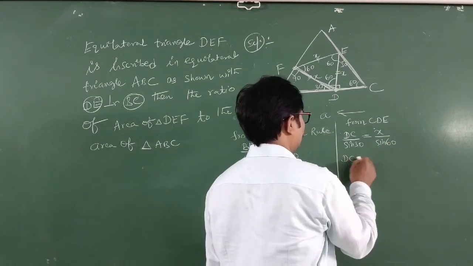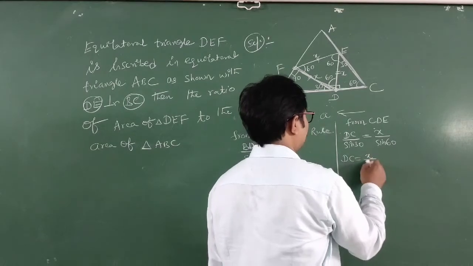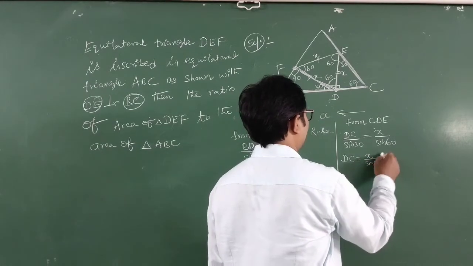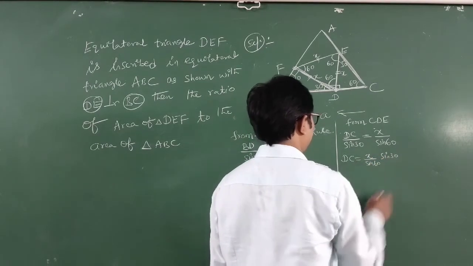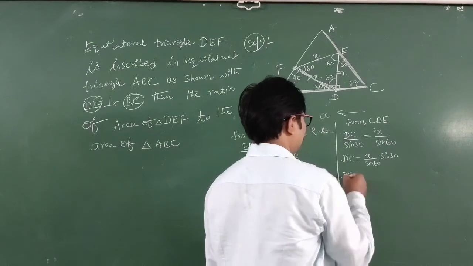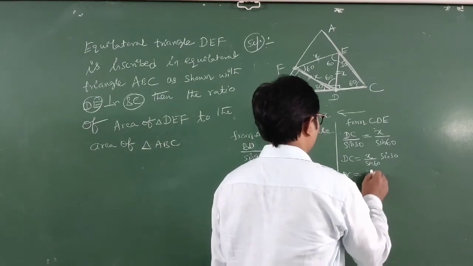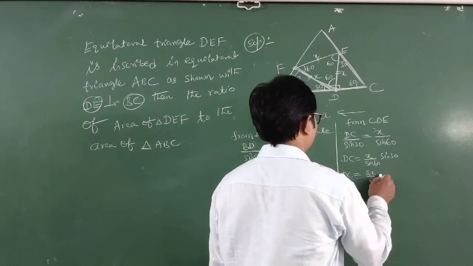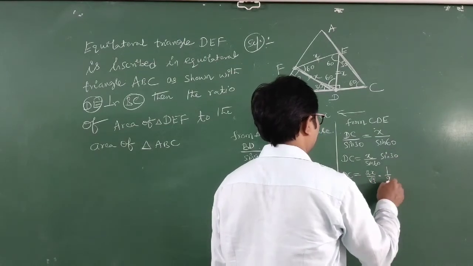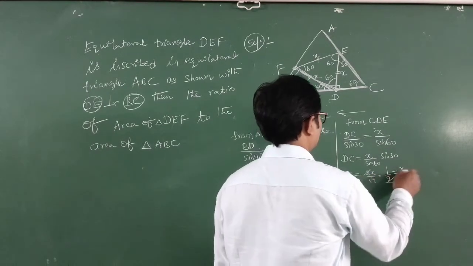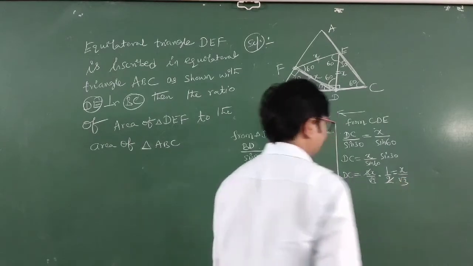So DC equals x by sin 60 times sin 30. Sin 60 is root 3 by 2 and sin 30 is 1 by 2, so DC is x by root 3.